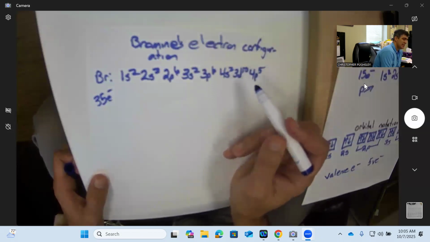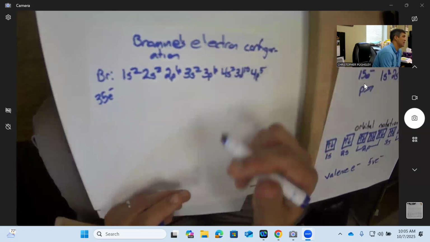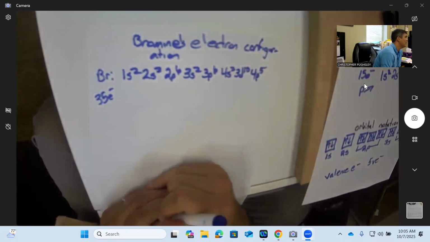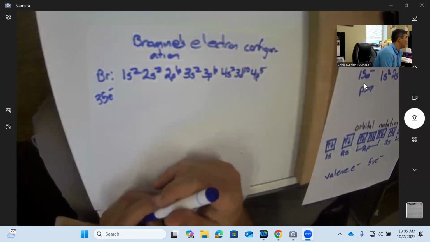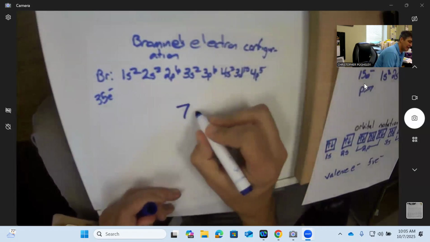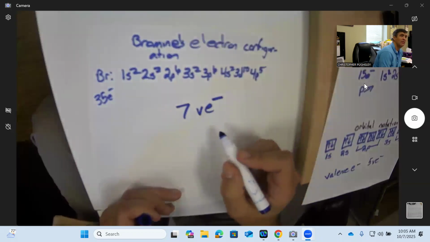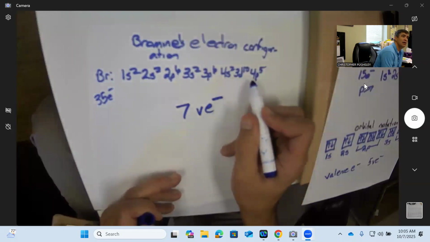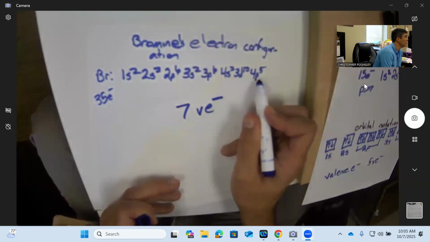Now, how many valence electrons does bromine have? Again, you only add the ones in the highest energy level. So that would be 7. This has 7 valence electrons because 2 plus 5 is equal to 7.